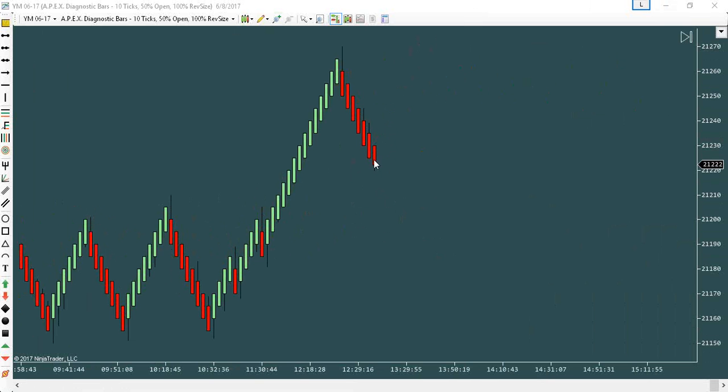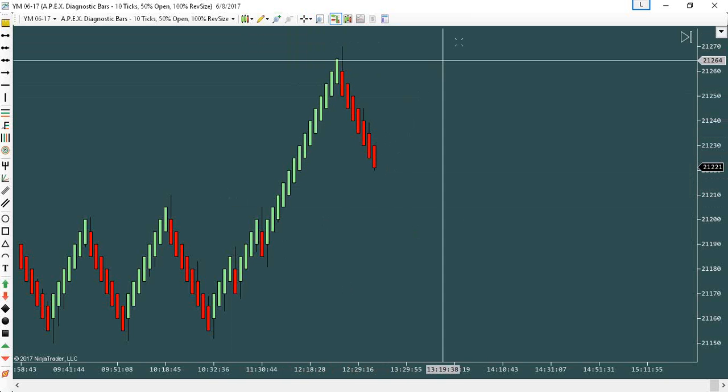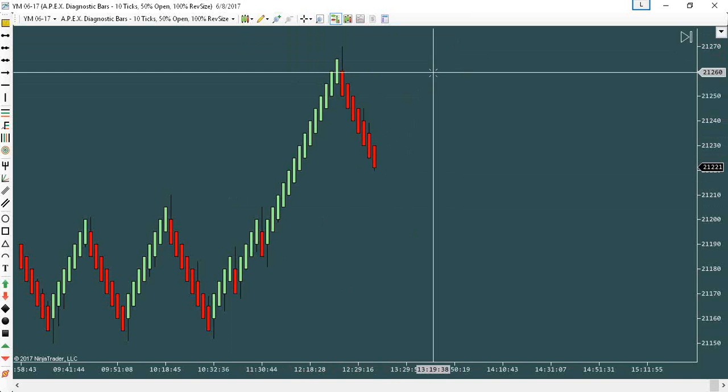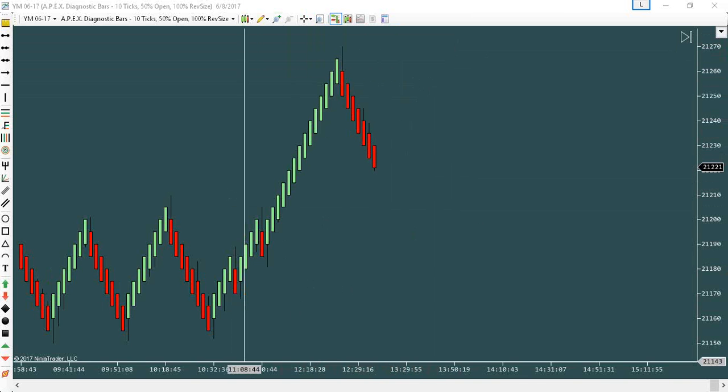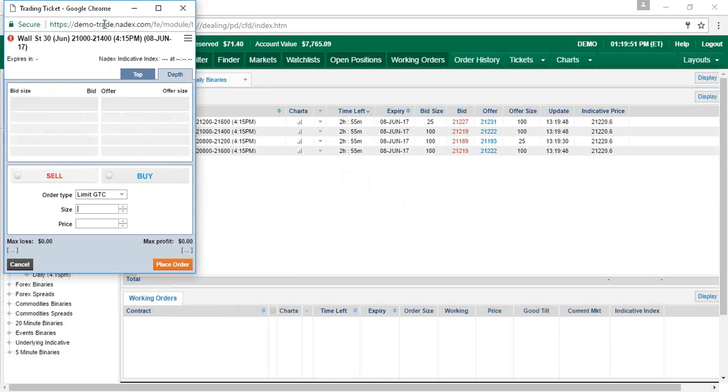So I'm entering this trade, and at one point I'm going to have a stop in my head saying, okay, if it goes against me by a certain amount, I just want to get out. Let's say that's exactly what happened, that I think this is just a retrace and the market's going to go up. So I buy that spread. Let's do a tear off ticket.